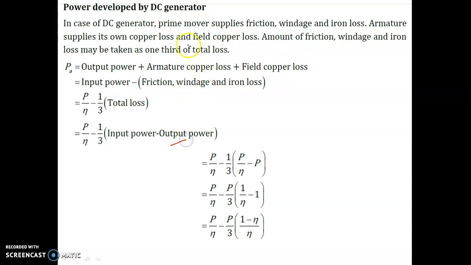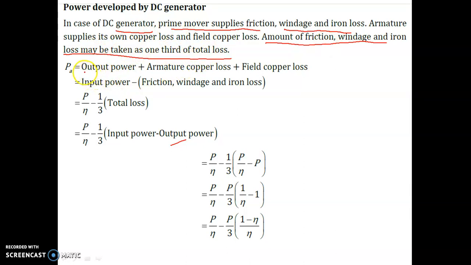The armature supplies its own copper loss and field copper loss. The amount of friction, windage and iron loss may be taken as 1/3 of the total loss. This is an assumption or an analytical method calculation that the amount of friction, windage and iron loss may be taken as 1/3 of total loss.